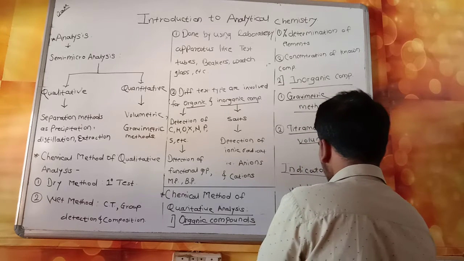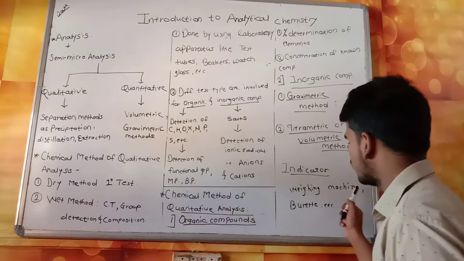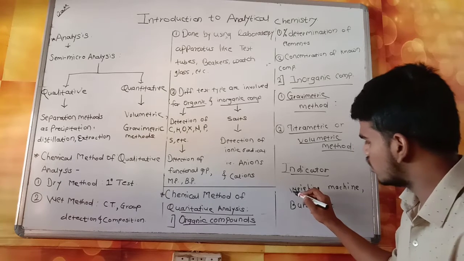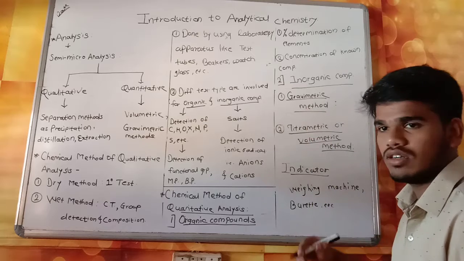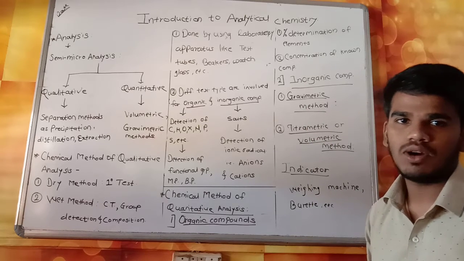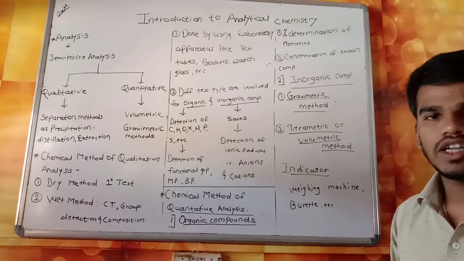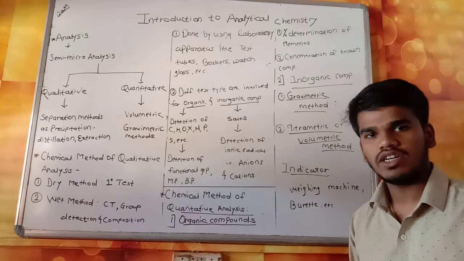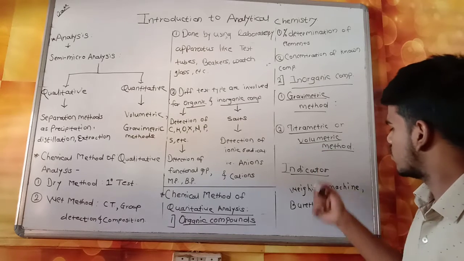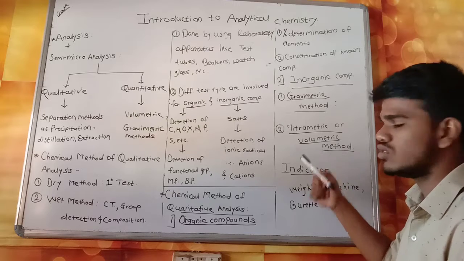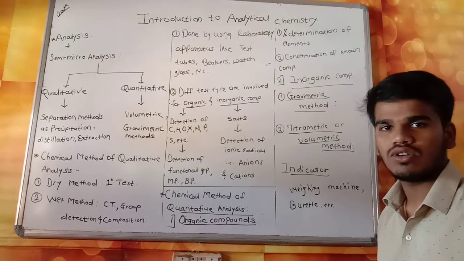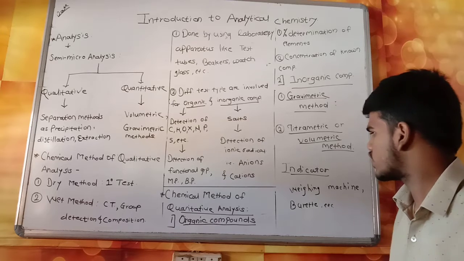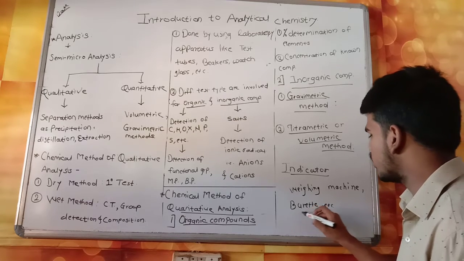These instruments will also be shown in your college practicals. The weighing machine is for the gravimetric method, to weigh the amount of separated constituent elements, and the burette is used to determine how much volume of a certain chemical or solution is required to complete the reaction.